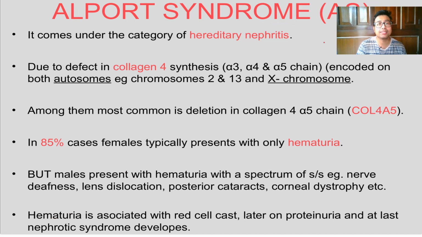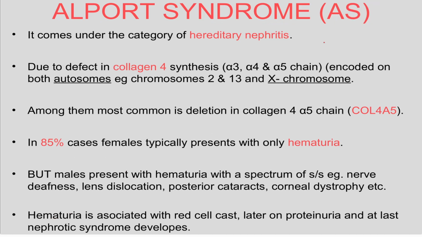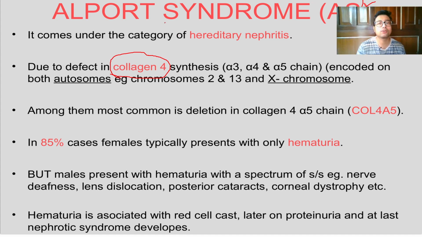The next one is Alport syndrome, AS. And now comes the knowledge of the earlier, previous class. It is due to defect in collagen type 4. Remember, type 4 collagen, the defective gene is COL4A5.